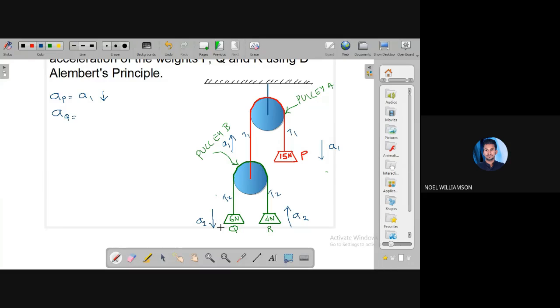Q is moving downwards with an acceleration a2. But we know the whole system is moving upwards with an acceleration a1 also, right? So when considering this pulley, pulley B is moving upwards with an acceleration a1. So the net effect of both will be there, that is, it is moving with an acceleration a1 in the upward direction.